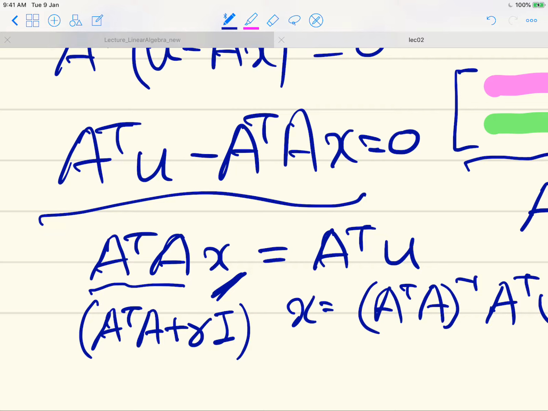So in place of A transpose A inverse, we will use (A transpose A plus gamma I) inverse, because that will likely be invertible. In this case, it is called Ridge regression.